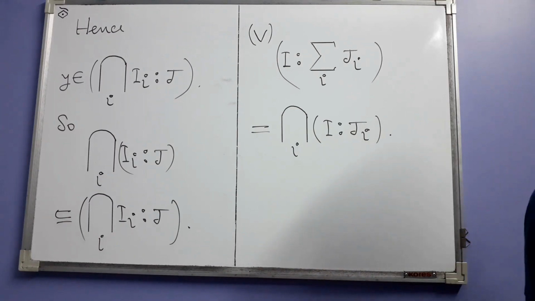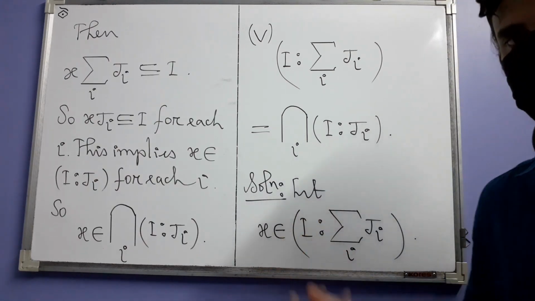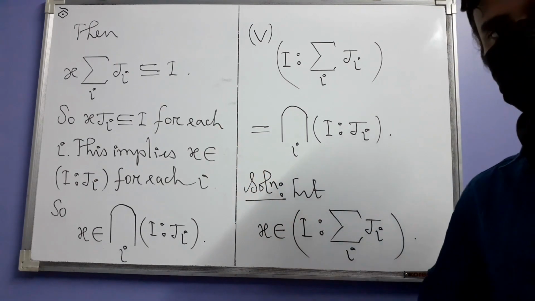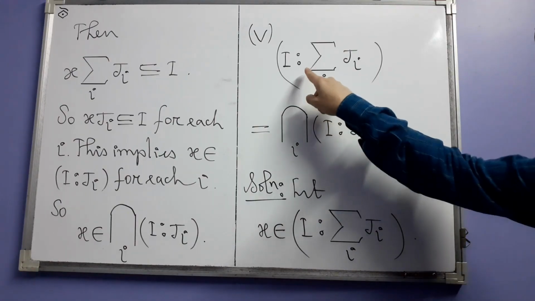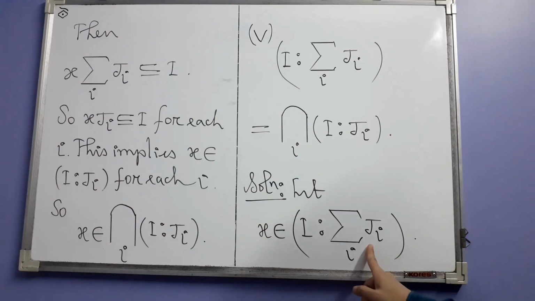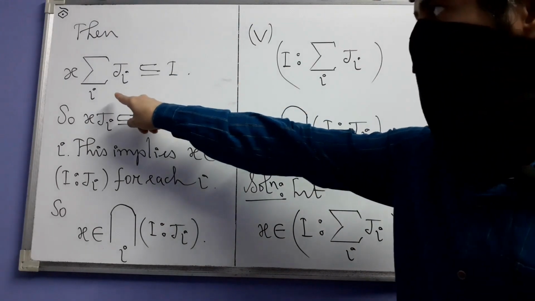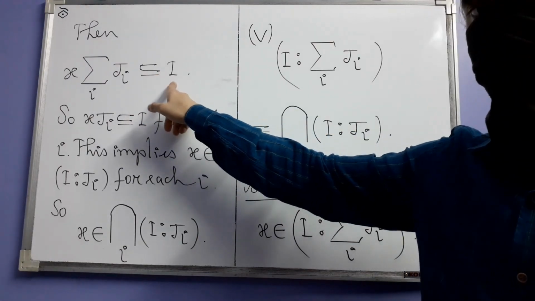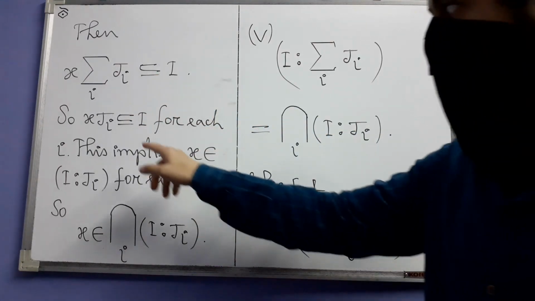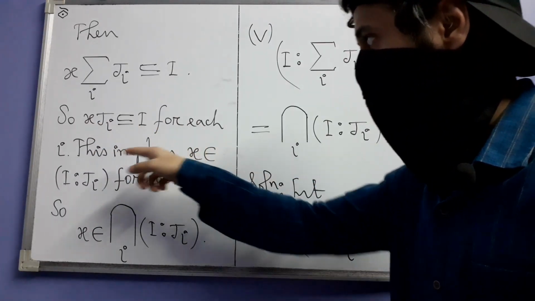So let's prove this. So we start the proof or the solution, you can call it anything because it's an exercise, so solution. So we start it by choosing any element from here. Say x is any element here. Then by the definition of this ideal quotient, x times this sum would be a subset of I. And that is why xJ_i is a subset of I for each i.